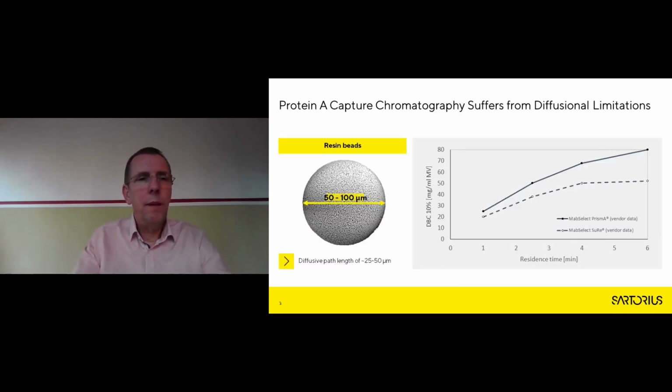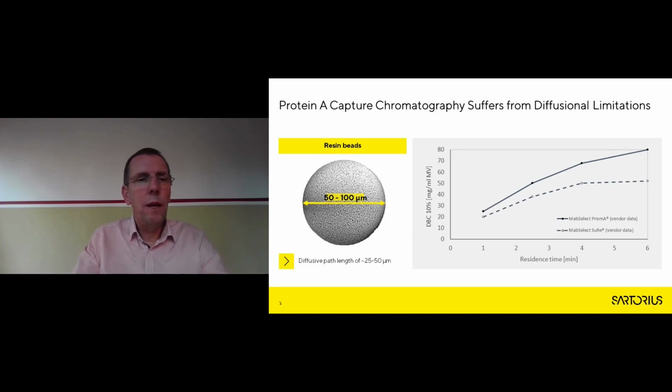Today, protein A affinity capture chromatography is almost exclusively performed by the use of chromatographic resin particles packed in a column. There are different particle materials available. However, these resins typically exhibit a bead particle diameter of around 50 to 100 micron. Antibodies will need to diffuse into these particles in order to utilize their binding capacity.